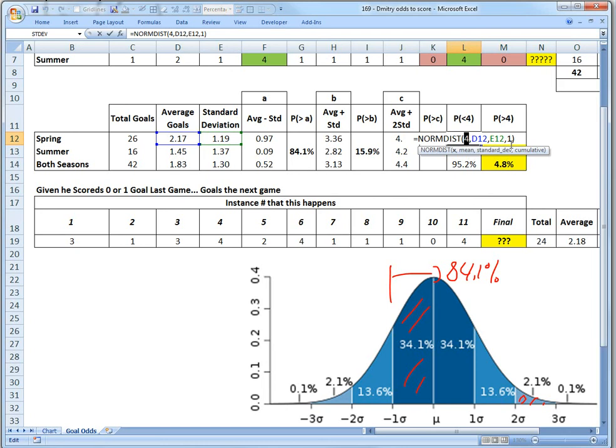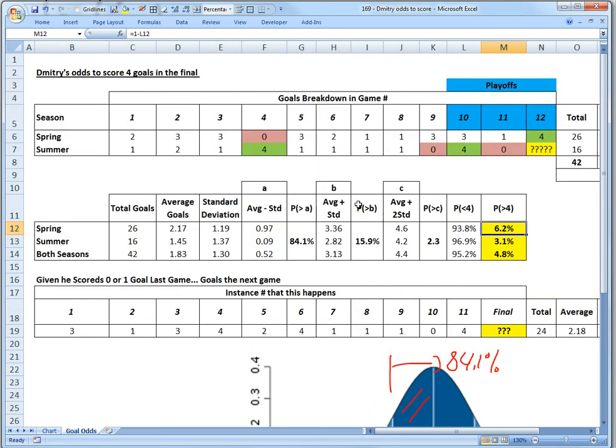It's all up to 1, or 100% is 1. And then subtracting, we get a 6.2% probability for the spring that he gets more than 4 goals, and 3.1 for the summer, and an average around 4.8 or 5.